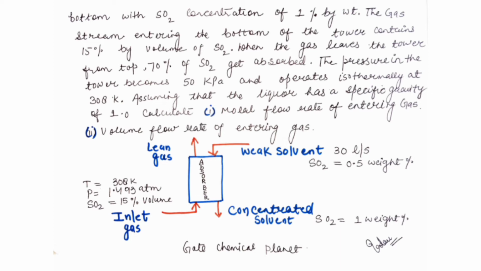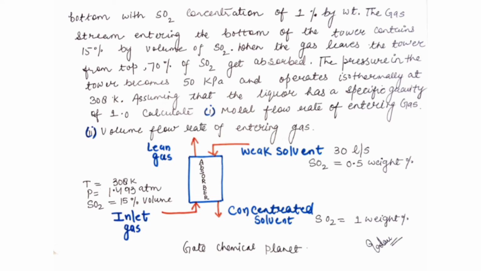Assuming that the liquor has a specific gravity of 1, calculate A, the molar flow rate of entering gas, and B, the volume flow rate of entering gas.